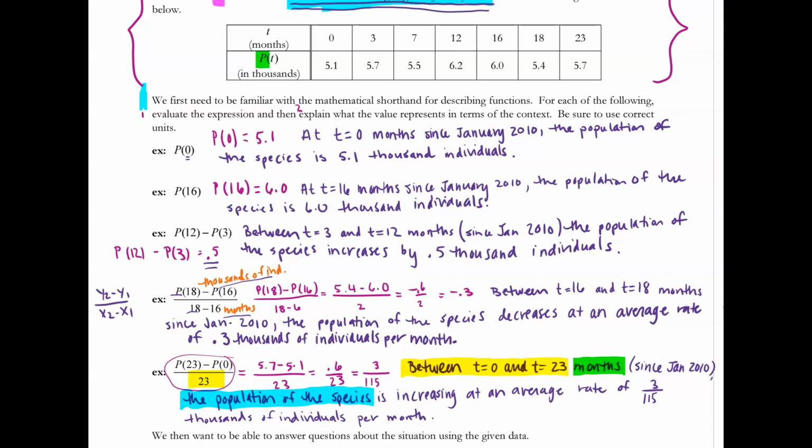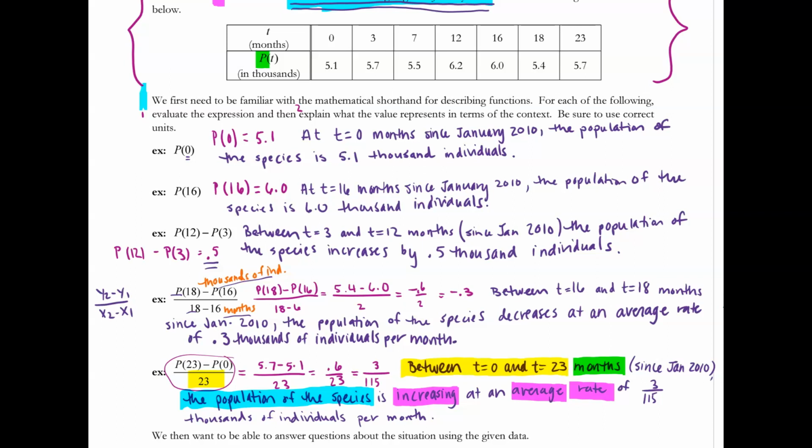And then from our average rate of change, we've got to have those words. So I've got to have average. If you don't include the word average, it's really not a correct statement. We've got to say that it's a rate. And then we've got to either have the word increasing or changing or increases or changes. We wouldn't say decreasing here because our value is positive.